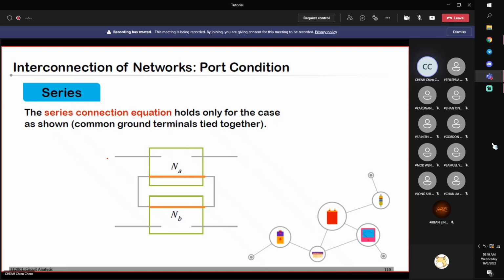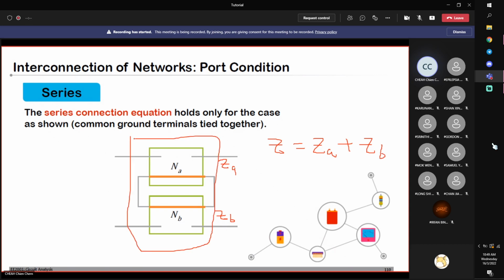In this case, you can add up the impedance, which means that if you model this as ZA and this as ZB, then you can get the overall impedance by simply adding up the two matrices. So you can model this overall more complex network by modeling the sub-networks as ZA and ZB and then adding them together.